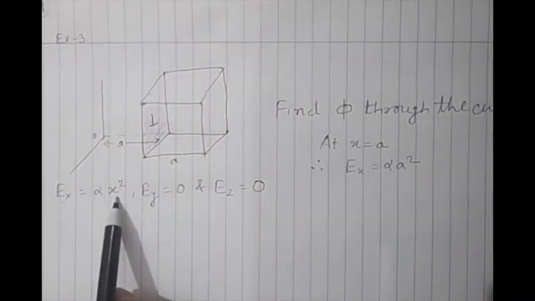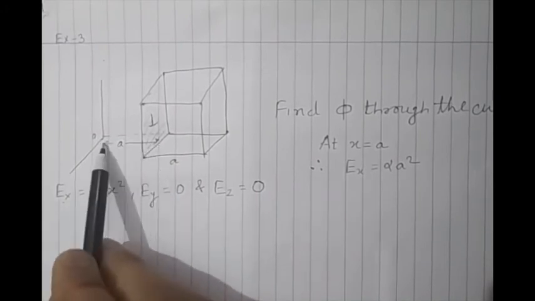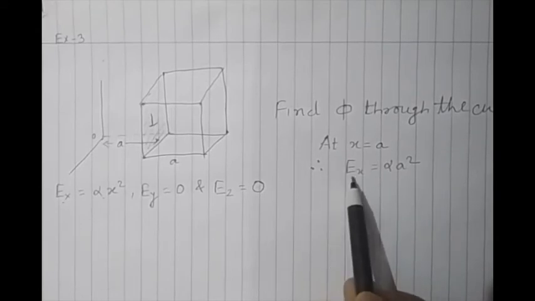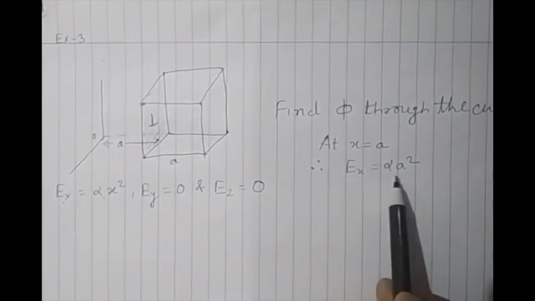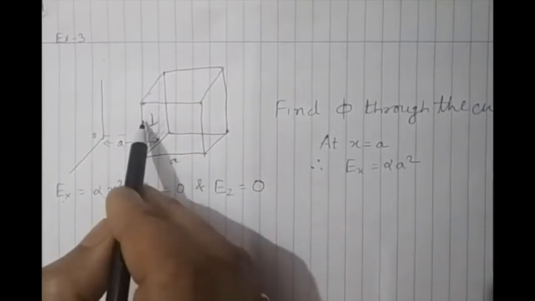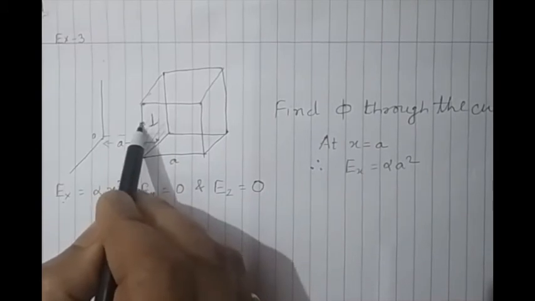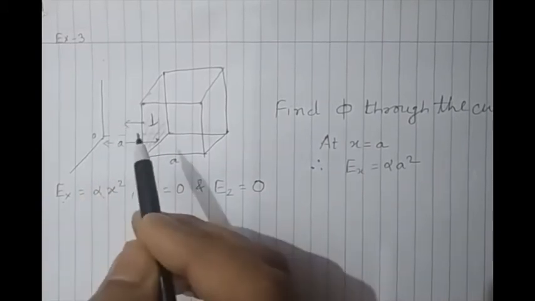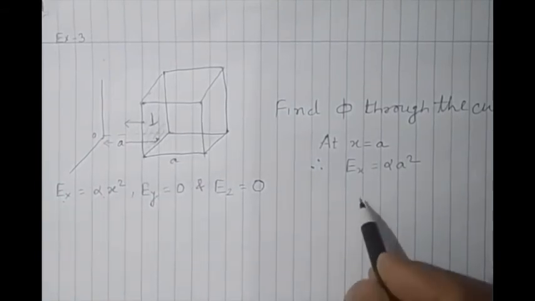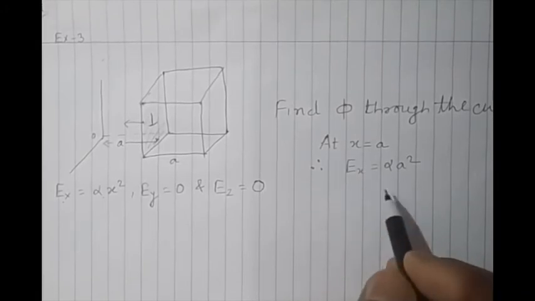It depends on x. The first surface is at a distance a from the origin, so at x is equal to a, electric field is equal to alpha a square, and the area vector is in the outward normal direction, which is opposite to the direction of electric field. So here theta is equal to 180 degrees.